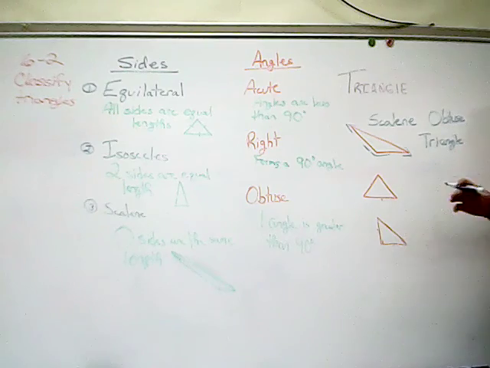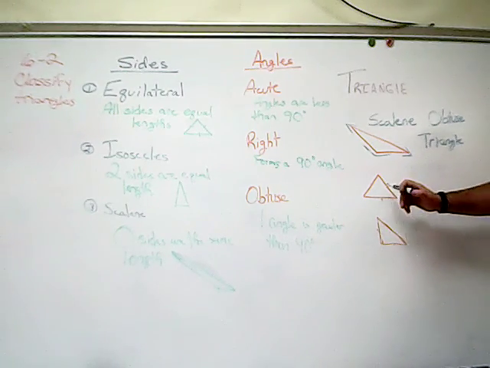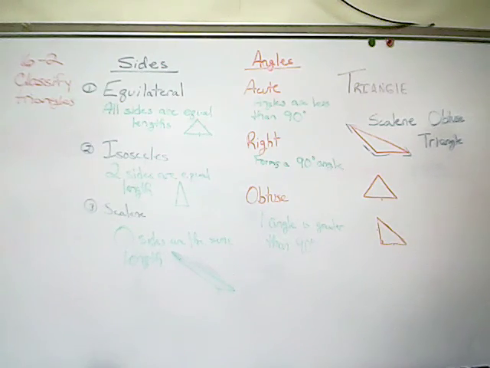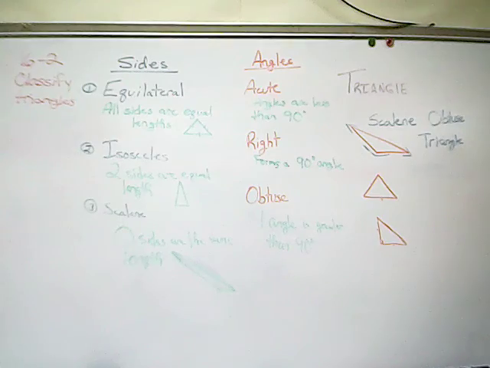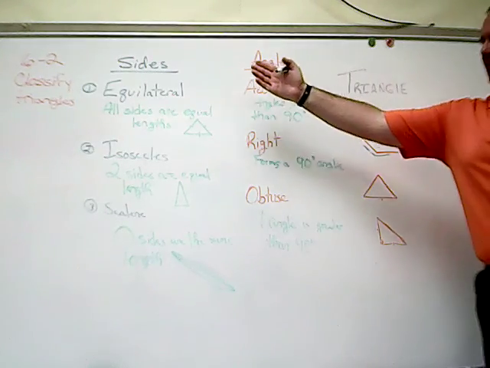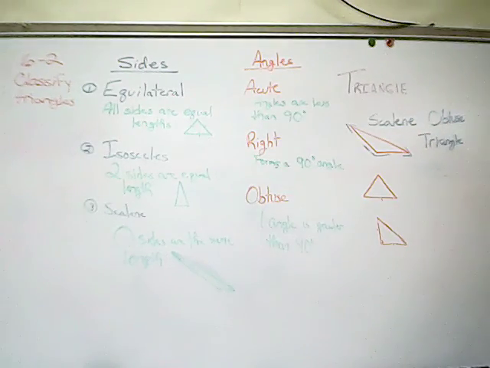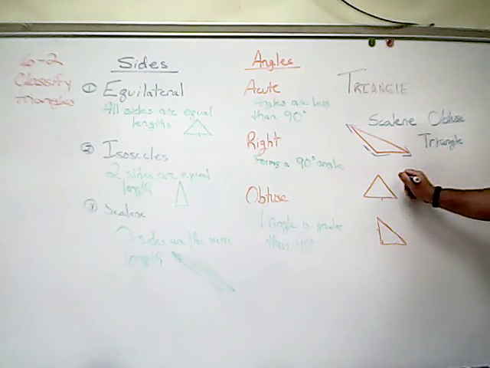In my second example, I'm going to look at the sides first. Now these little dash marks tell me that these sides are all equal. I have three equal sides. So on my sides list, I'm going to look for the name that has all sides being equal. So this is an equilateral triangle.